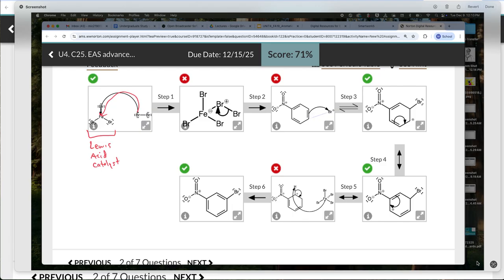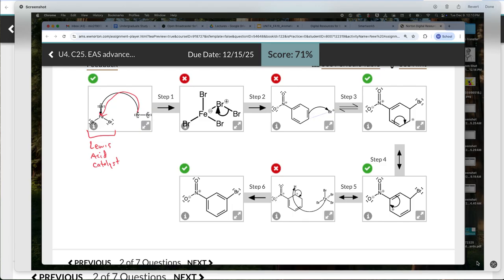They increase the rate of the reaction, period. That's all a catalyst does. If it's a Lewis acid catalyst, it's now going to make the electrophile more electrophilic. Does that make sense? So be aware of where your catalyst is at and what's being asked if you're getting asked about catalysts.